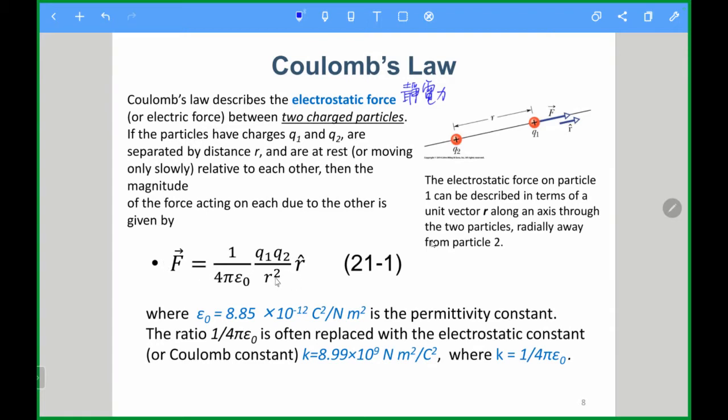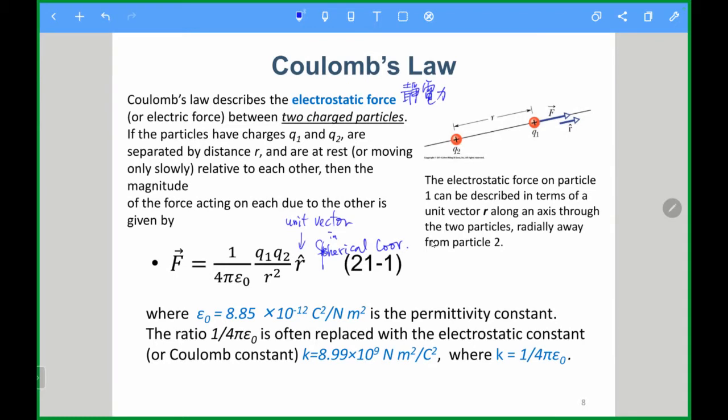Here on the right side, we have 1 over 4 pi epsilon naught, multiplied by Q1 Q2 over r squared, and then this r hat is called the unit vector, a unit vector in the spherical coordinate.